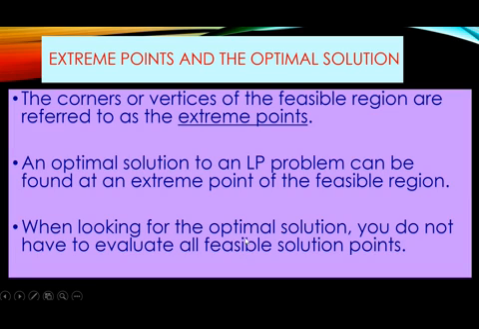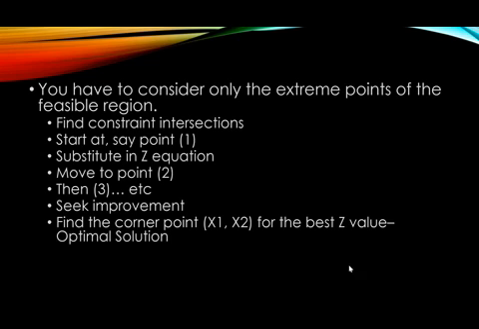When looking at the optimal solution, you need not evaluate all the points in the feasible region. Then what are we supposed to do? You have to consider only the extreme points of the feasible region.